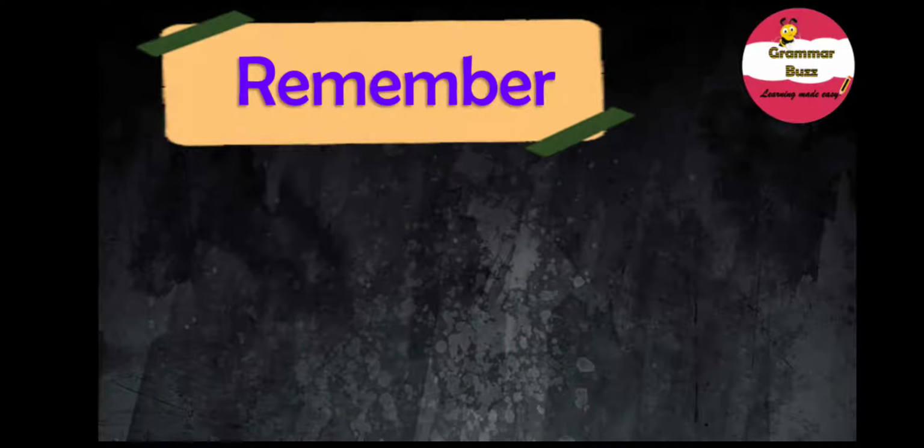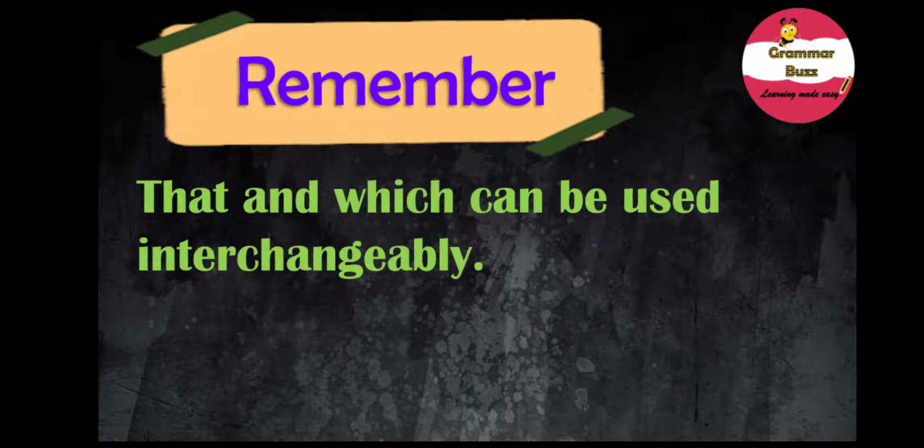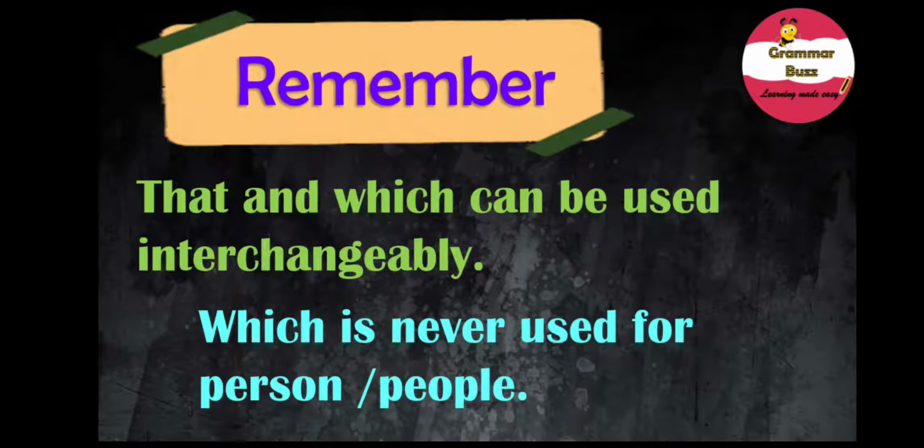And what do we need to remember now? All that you need to remember is that that and which can be used interchangeably. Which is never used for person or people.